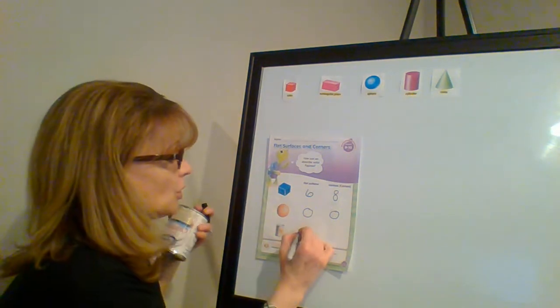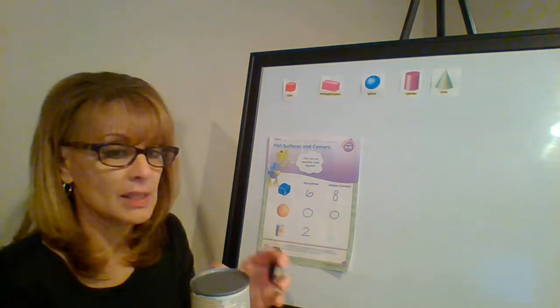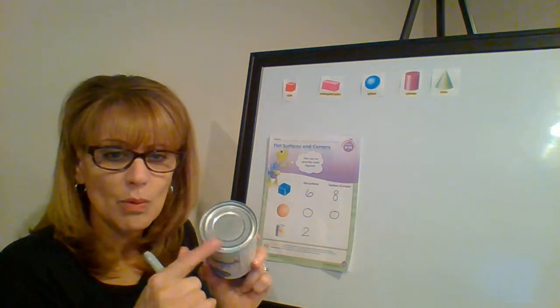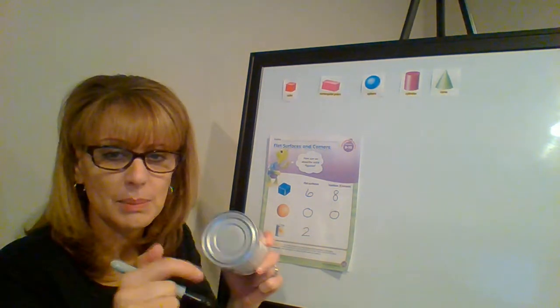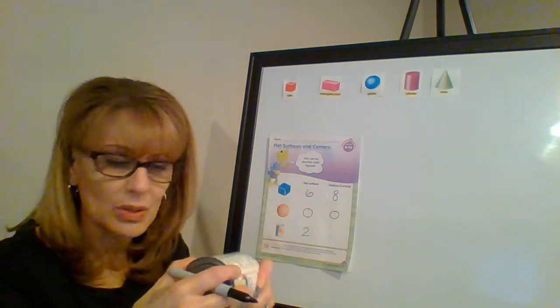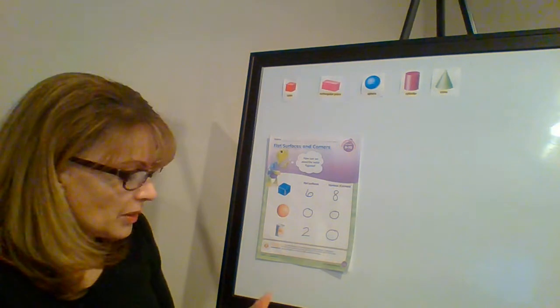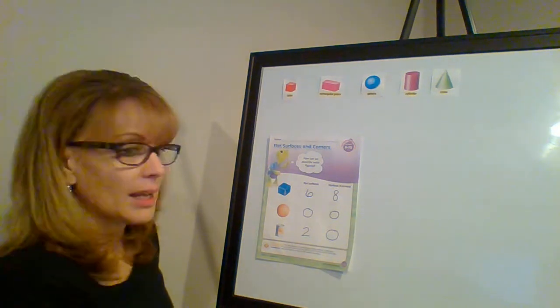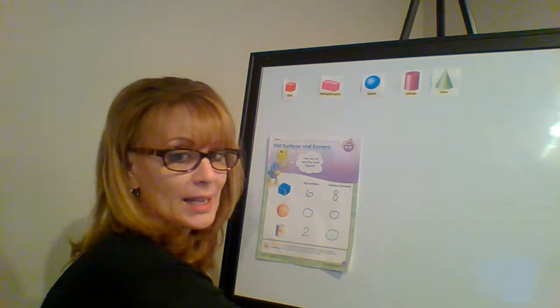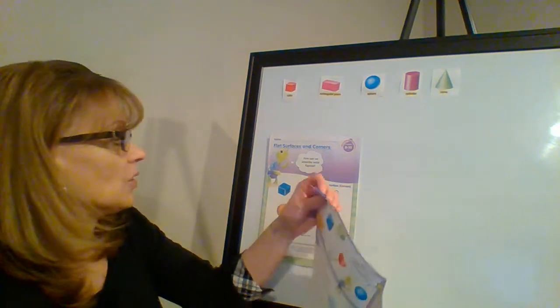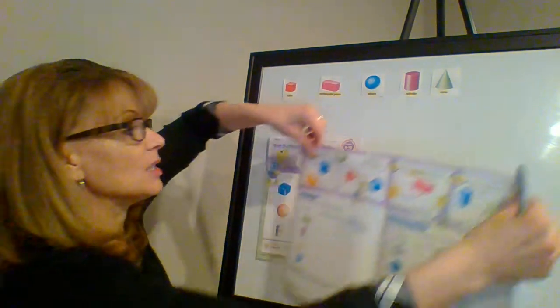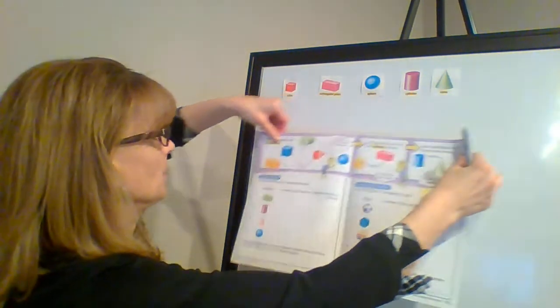So we have 2 flat surfaces, but there are no corners or vertices because it's round and rolls. So this is 0. So you can see that there are differences in the solid figures already with how many flat surfaces and how many vertices or corners we have.